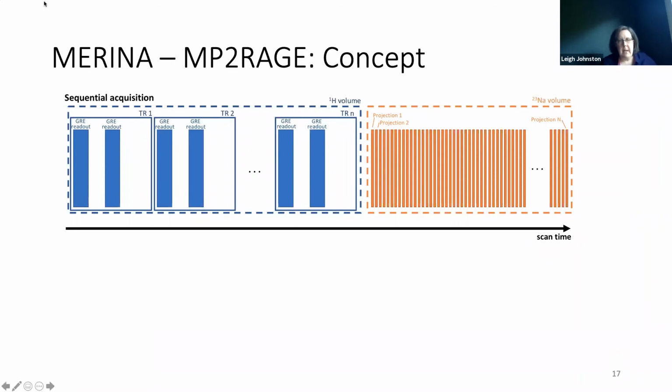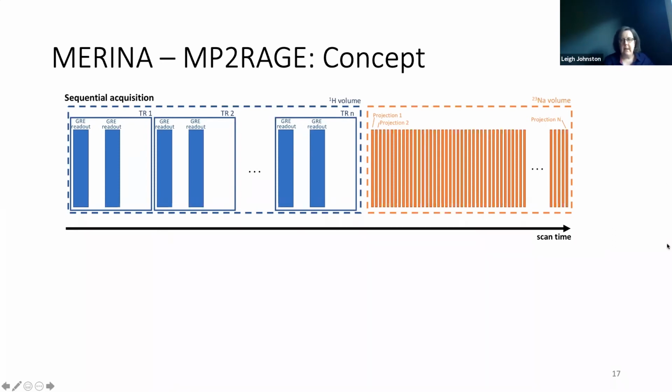Where there is empty space is where you're waiting for the magnetisation to get itself into a particular contrast that you want to see. Now the sodium scanning, the Marina, which you can see is very, very dense, okay? We're not losing any efficiency here because we want to get the information as quickly as we can.